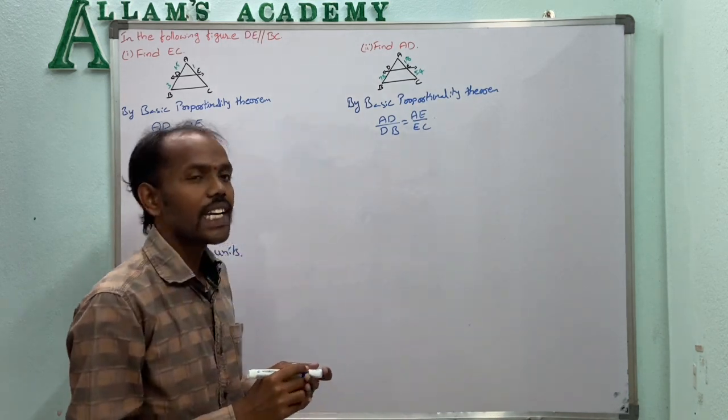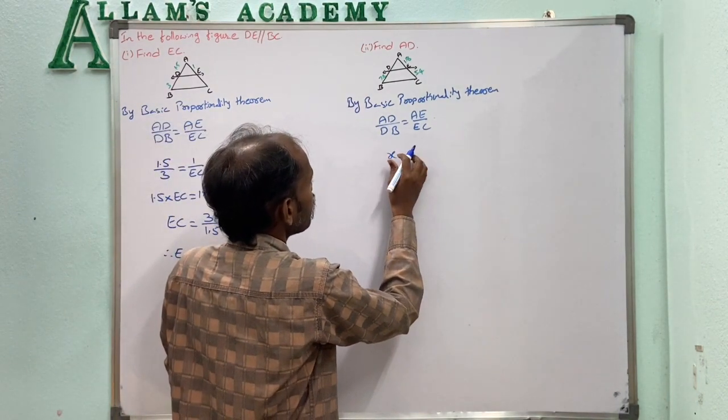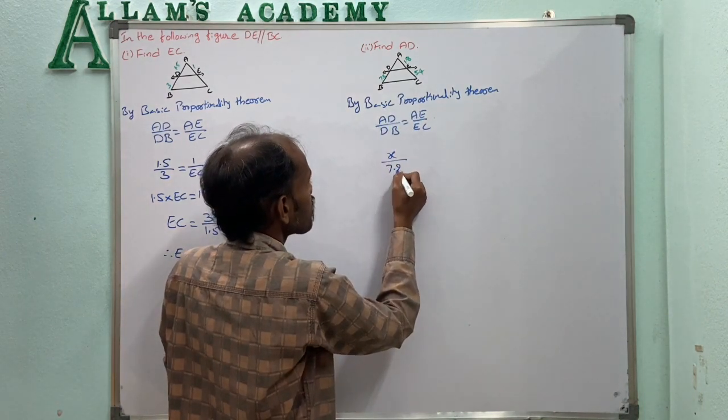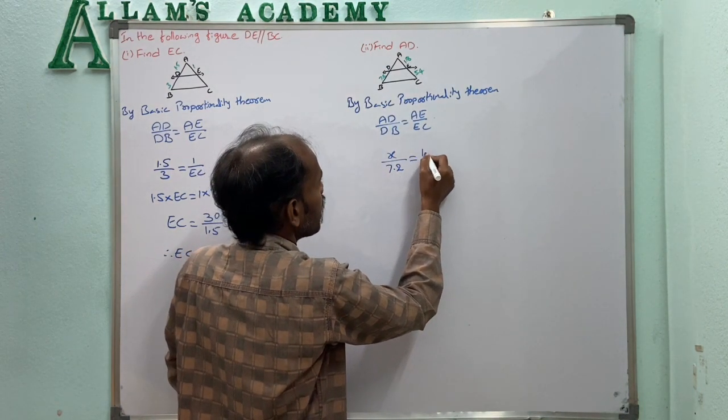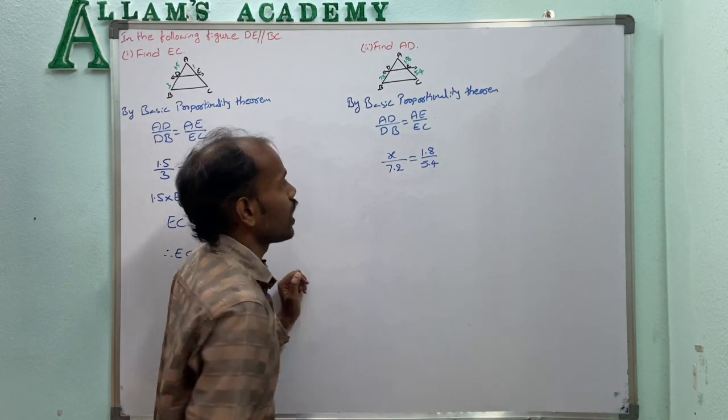Now here the AD value we don't know, so we take that as X, and DB equal to 7.2, AE equal to 1.8, EC equal to 5.4.